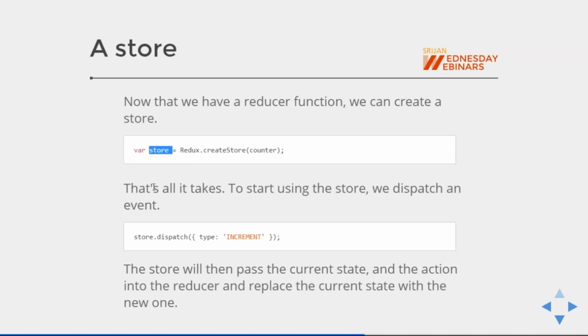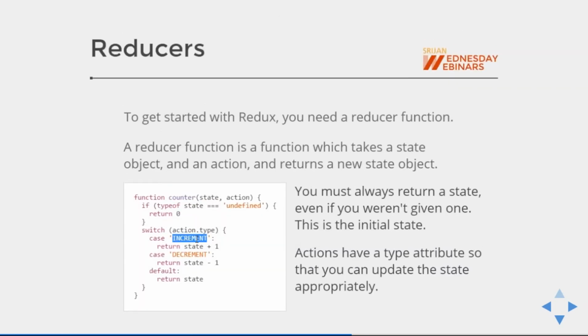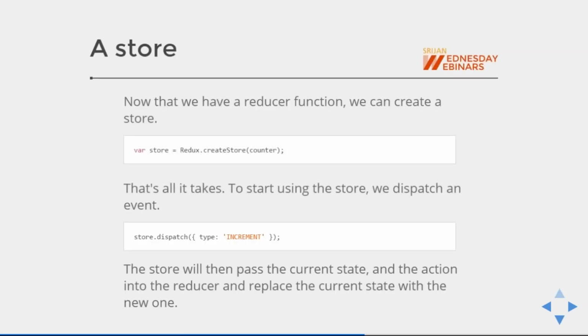Whenever you are dispatching some actions from the store itself, you can dispatch this action with type equal to increment. It will fire this action to your reducer. Increment will go there, this is the action. Now it will return the new state object, state +1. So complete Redux can be written in 3 lines of code.